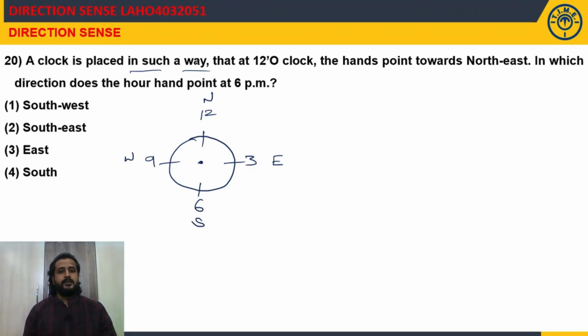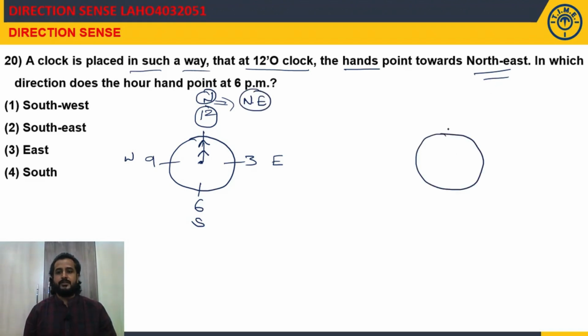A clock is placed in such a way that at 12 o'clock, the hands point towards northeast. Okay. So at 12 o'clock, our hand as well as minute hand will be at 12, pointing exactly 12. So these hands are pointing towards what is given? Northeast. Actually it is north, but it is given as northeast. So draw the new diagram according to the change directions.